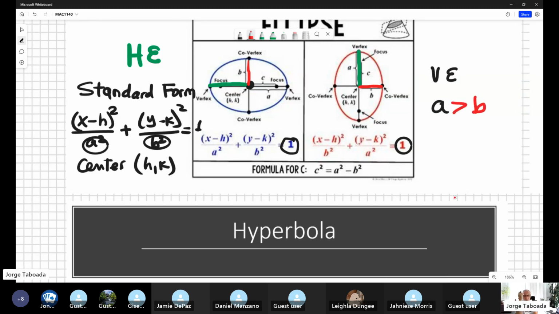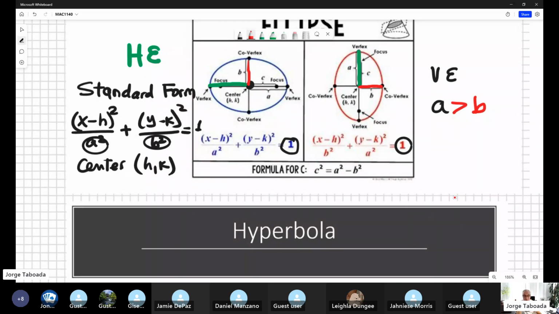This is the most important thing you have to remember. You have two semi-axes, minor or major, but it's obvious that major is bigger than minor. The word indicates this inequality.